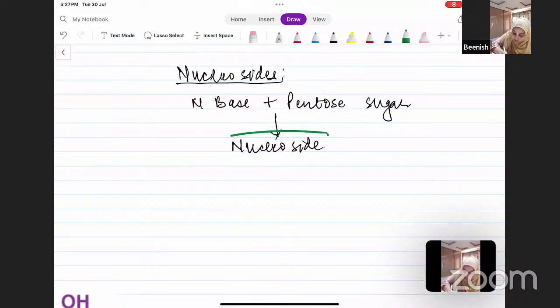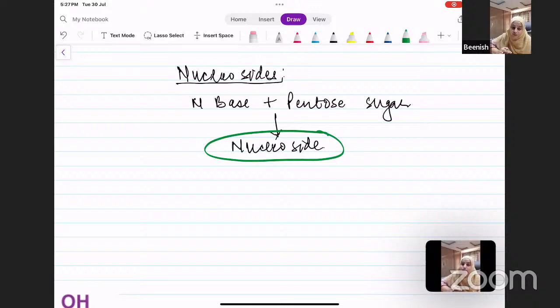Now talking about nucleotides. To this nucleoside, if you tie up a phosphate, it becomes a nucleotide. That is how you can remember how a nucleotide is formed: when to a nucleoside you tie a phosphate. Remember that you're tying a phosphate to a nucleoside, and you end up with a nucleotide. And where are you tying this?